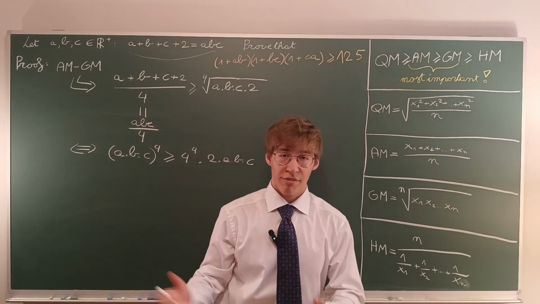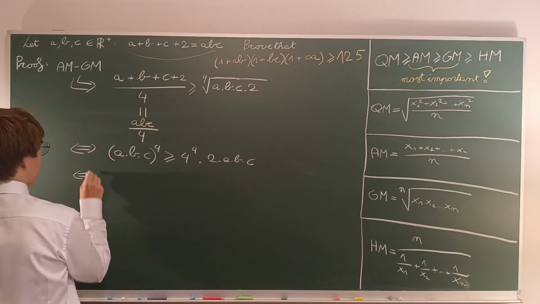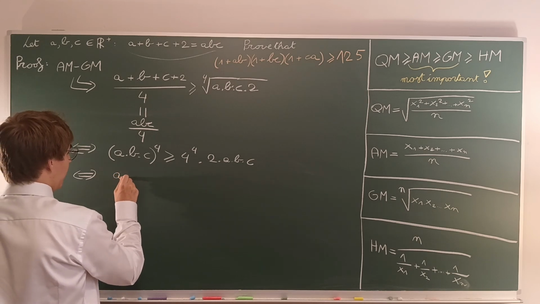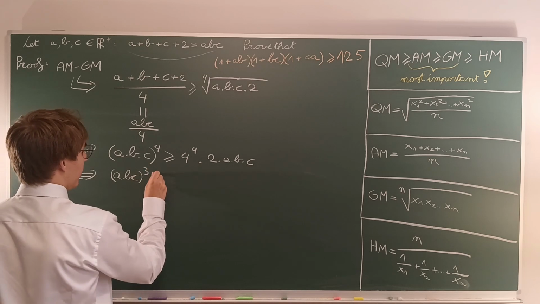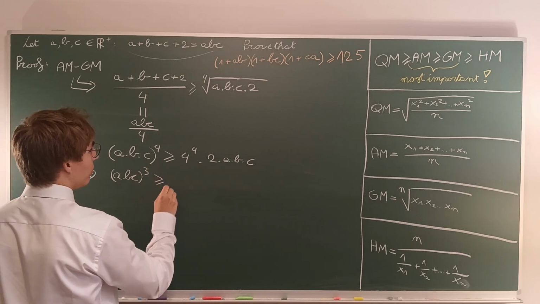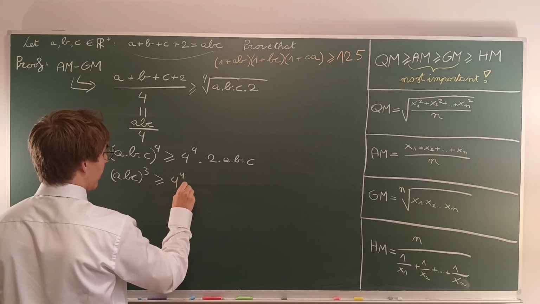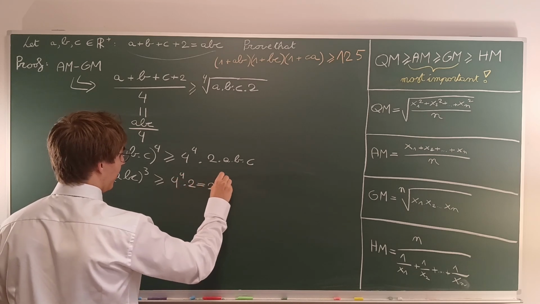But this means that we can divide both sides by abc, such that abc cubed is bigger than or equal to 4 to the 4th times 2, which is 2 to the 9th.